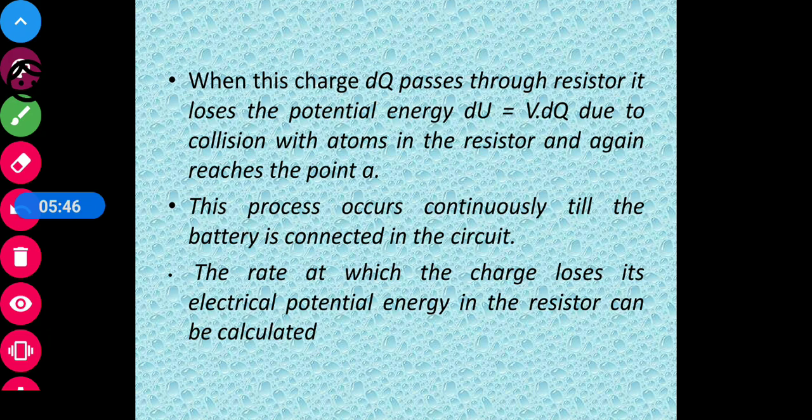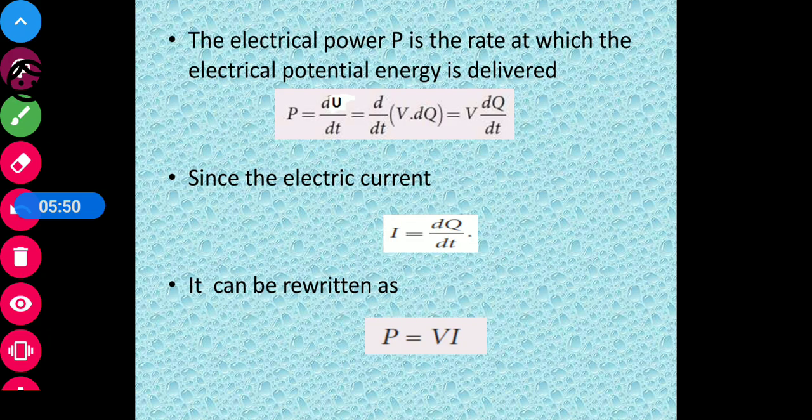The rate at which the charge loses its electrical potential energy in the resistor can be calculated. The electrical power P is the rate at which the electrical potential energy is delivered, and we know that P is equal to dU by dt. The dU is V into dq.